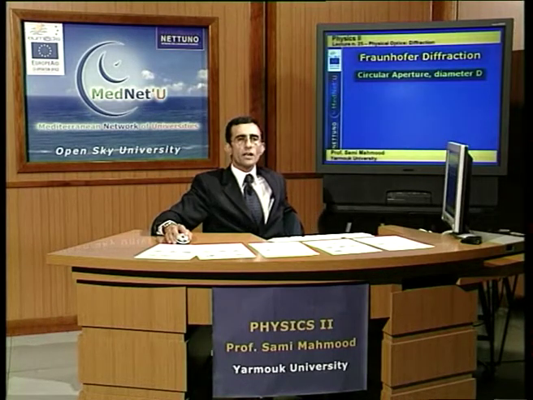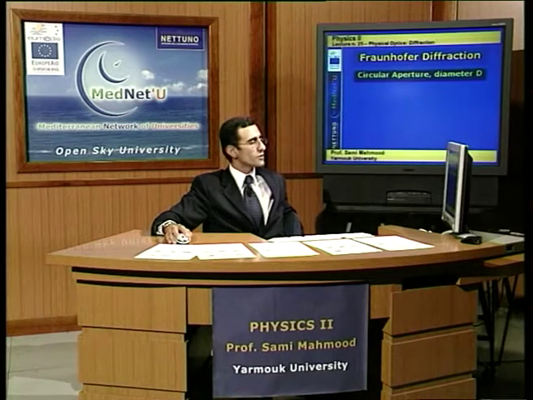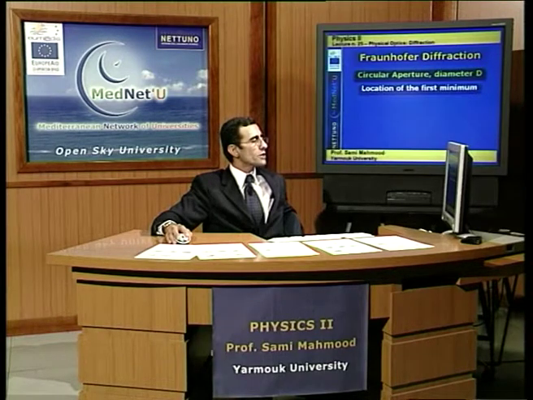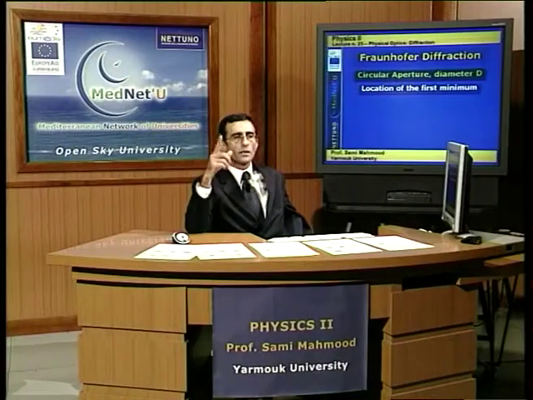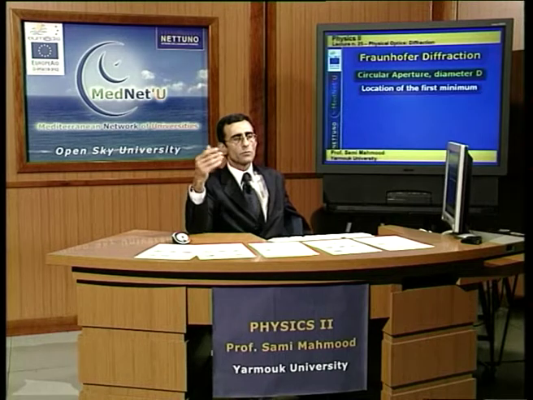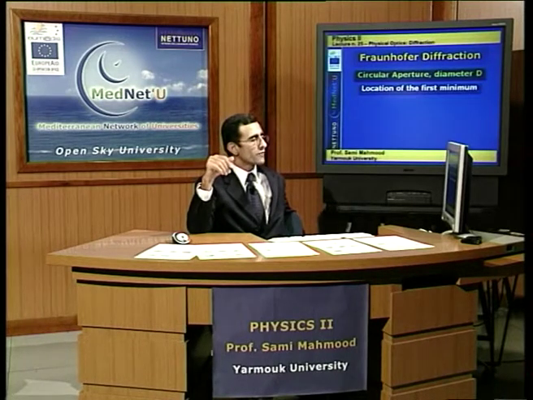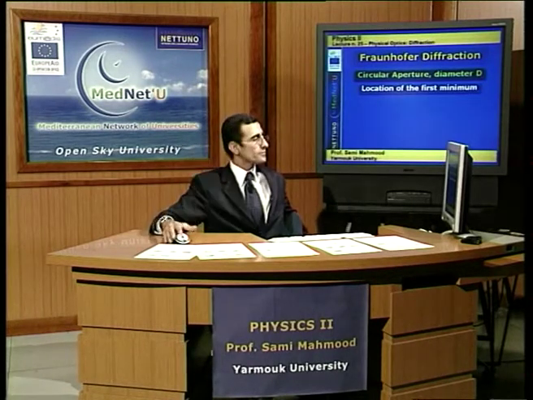If we have a circular aperture, we can also see Fraunhofer diffraction from a circular aperture in a similar way. The location of the first minimum, however, requires more elaborate calculations in terms of the integral, and it's a little bit more difficult than what we have done for the slit.